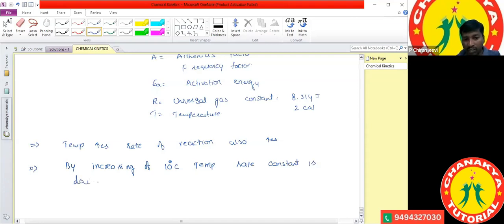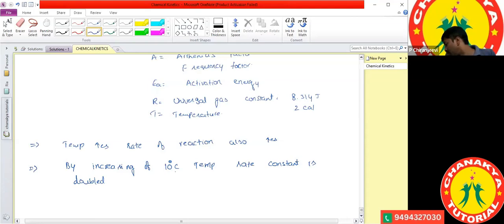So by increasing the temperature by 10 degrees centigrade, the rate constant increases by double. Clear? If you have any doubt, my dear.